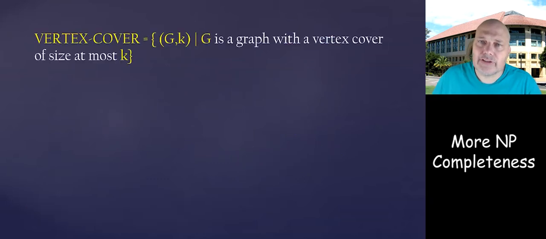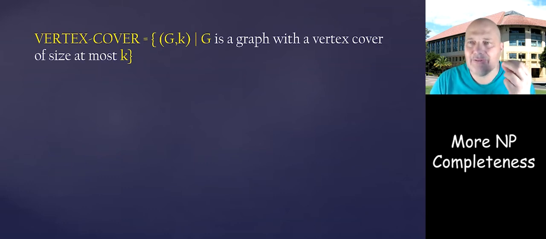So the problem vertex cover is a graph G and an integer K, as we like: G is a graph with a vertex cover of size at most K. So with a clique and independent set, the challenge is to make them as large as possible. A set of size 1 is always a clique and an independent set because there are no edges. For vertex cover, you want to make it as small as possible because taking all the vertices is a vertex cover and you want to get the smallest one.